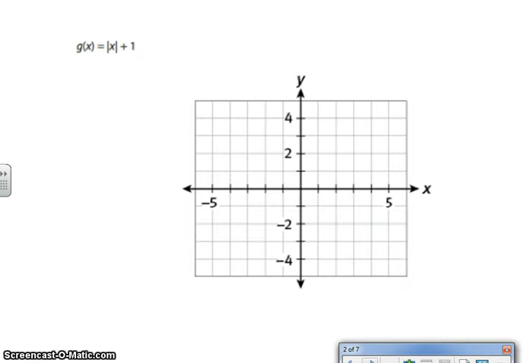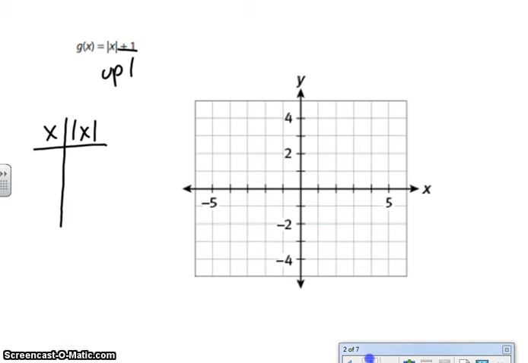Alright, so let's look at a very basic transformation. The first thing we always want to do is list what our transformation is. Here we have this plus 1 after the absolute value, so that's going to move my parent function up 1. I always start with a very basic table for the parent function.